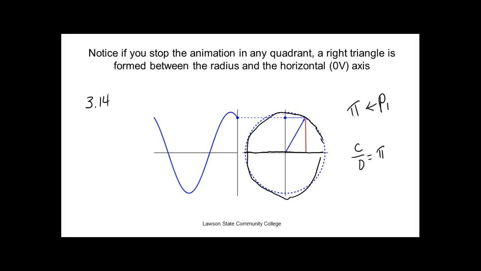Well, since AC is generated on a cycle, we can use pi to calculate a bunch of stuff when we start dealing with this outside of this circle right here, right? So when you get into AC, a lot of your formulas deal with what? With pi, 3.14. For 2 pi, we use 6.28.